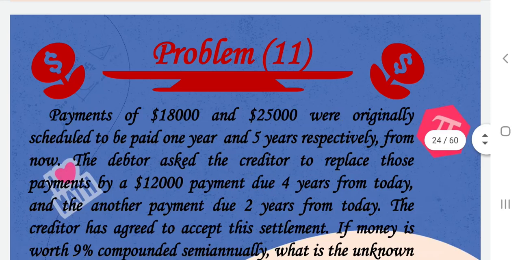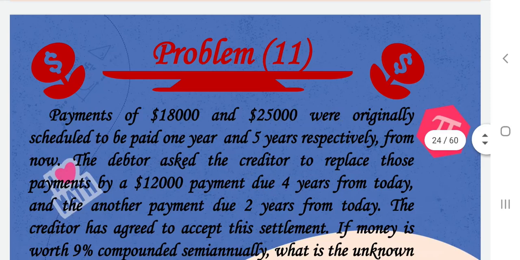The debtor asked the creditor to replace those payments by $12,000 payment due 4 years from today and another payment due 2 years from now. The creditor has agreed to accept this settlement if money is worth 9% compounded semi-annually. What is the unknown payment?